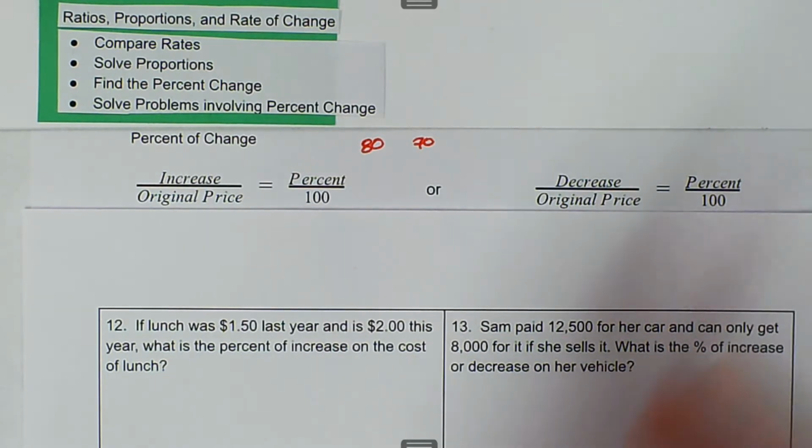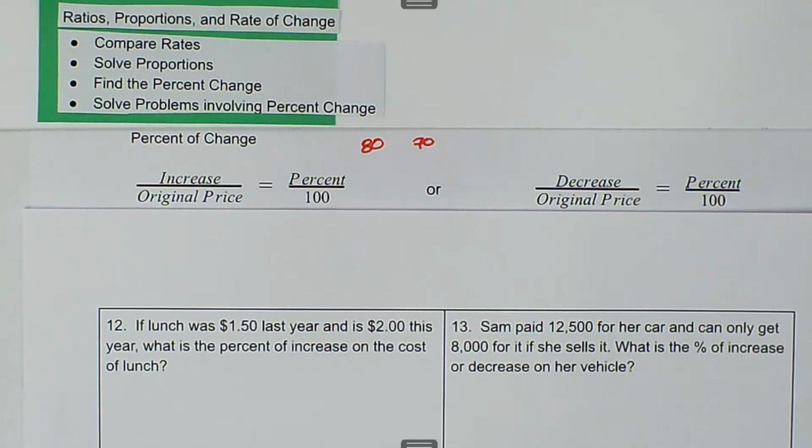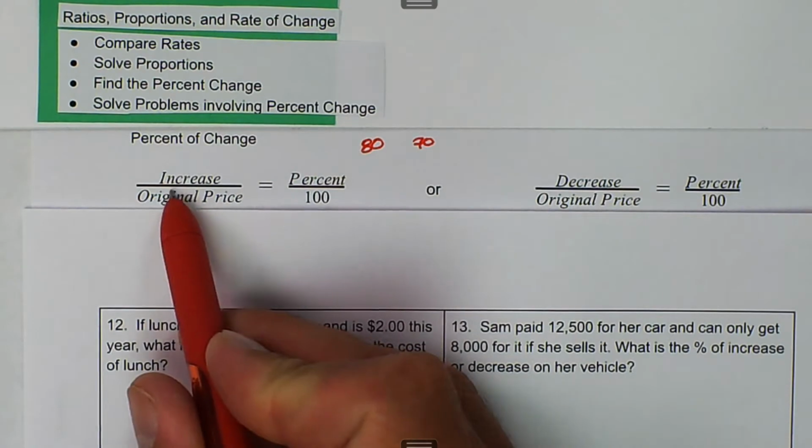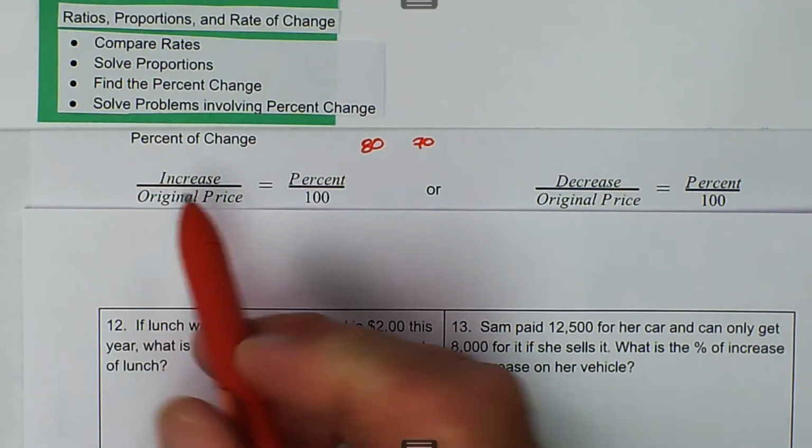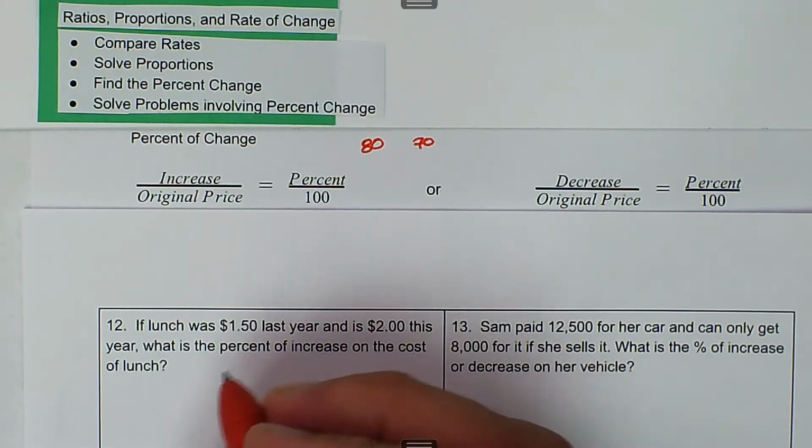So let's take a couple examples. If lunch was $1.50 last year and is $2 this year, what is the percent of increase of the cost of the lunch? We want to see how much it increased in total.